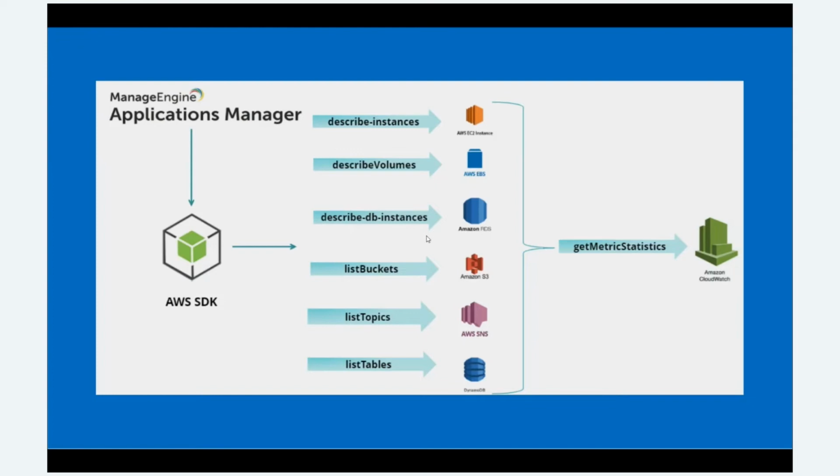If there are any security restrictions for administrative privileges, then that specific user should have access to these APIs like describe instances, describe volumes, list buckets, list tables. Using these API permissions, we will be able to get the performance metrics of all these components deployed on AWS and show you all the metrics along with historical information, and you could get proactive notification alerts and fetch SLAs.